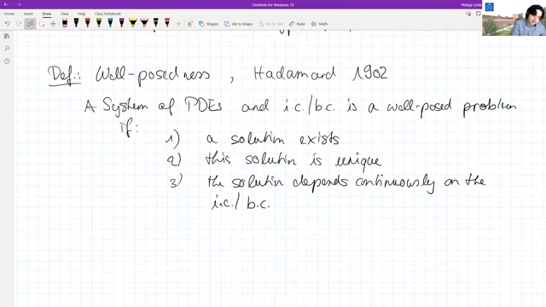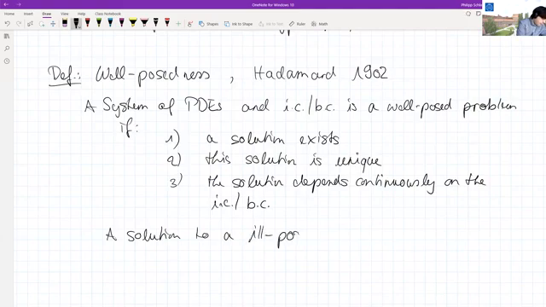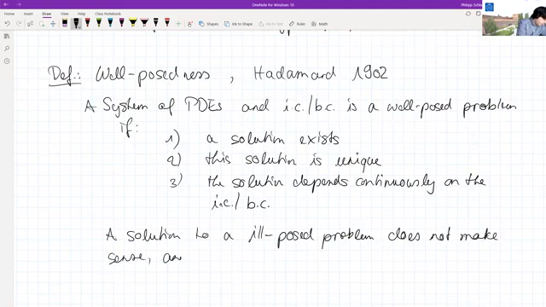Now, the relevance of this, I come back to the individual points in a second, is that a solution to a not well-posed problem, or an ill-posed problem, does in general not make sense and should not be attempted.